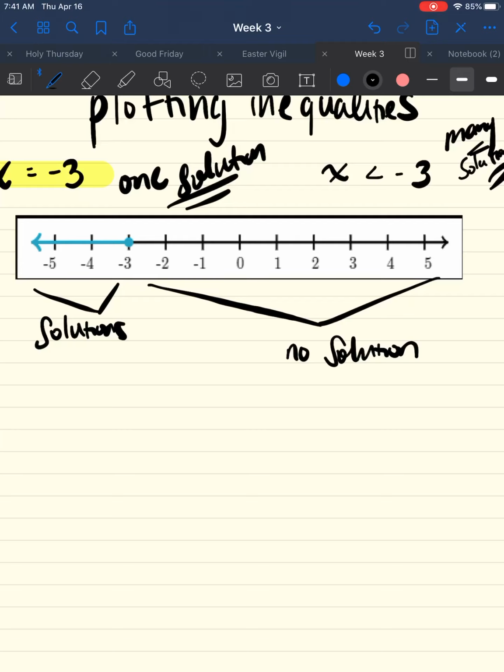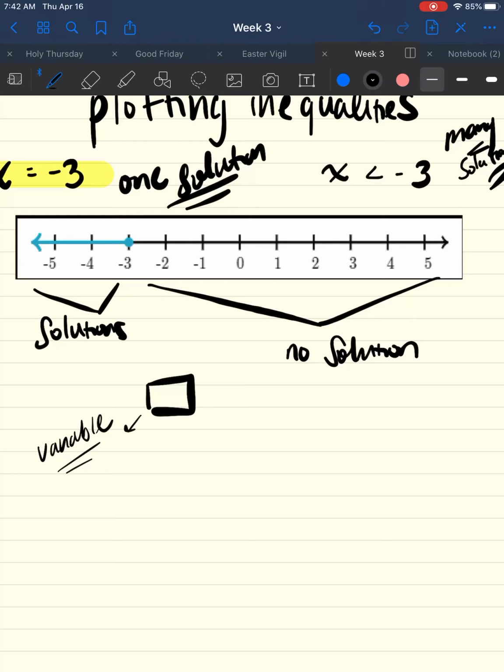So what I want to do now is I want to go ahead and take this and write it as an inequality, right? An inequality basically is write my solutions using a symbol to represent it. So first, you want to make sure that you place your variable, because there are many solutions that can be placed in there, so we need some arbitrary number that is going to represent multiple numbers.